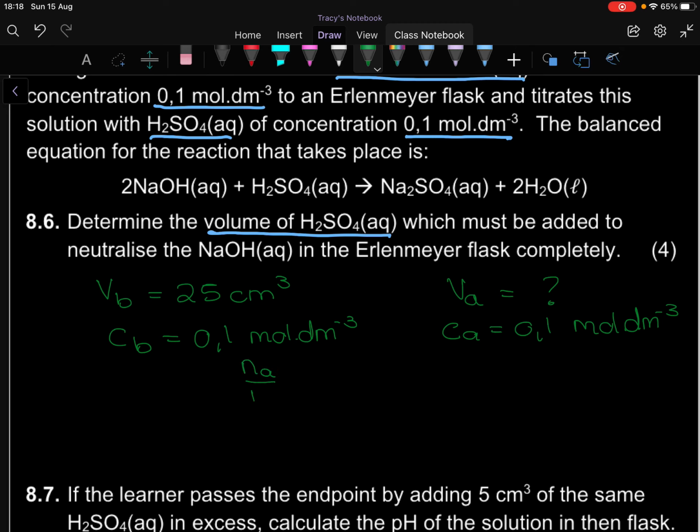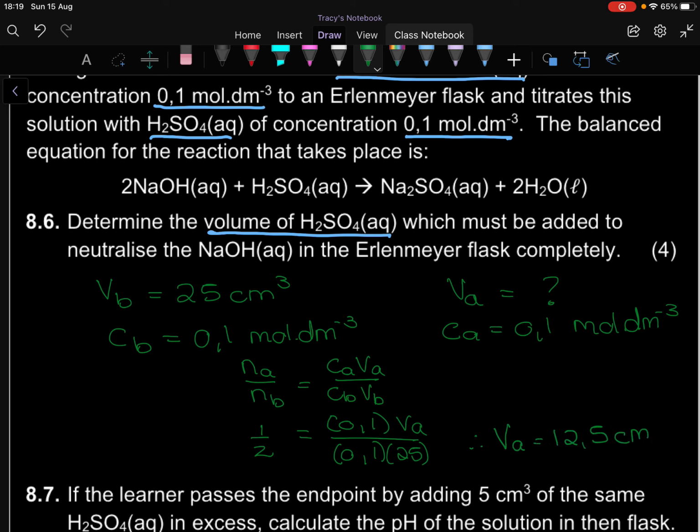So Na over Nb equals CaVa over CbVb. So it's a 1 to 2 relationship. We know that's 0.1. I want the volume of the acid, and the base is 0.1 times 25. So my acid is 12.5 cm³. There we go.